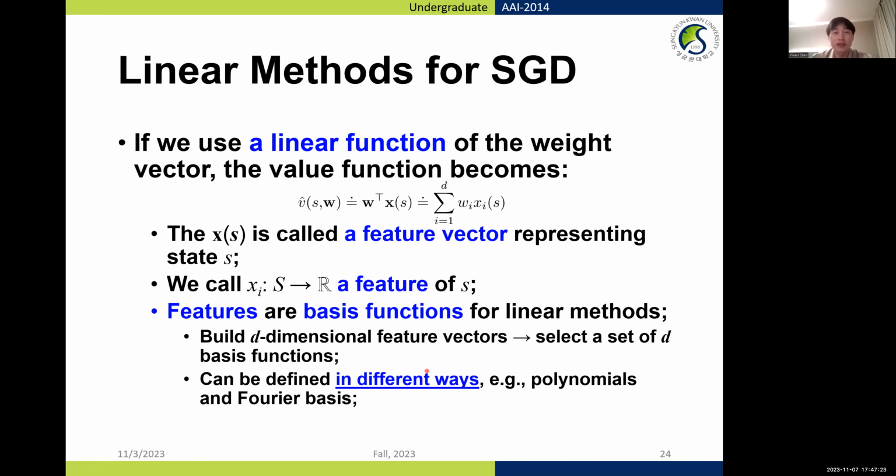So this is how we use the polynomial basis function here.